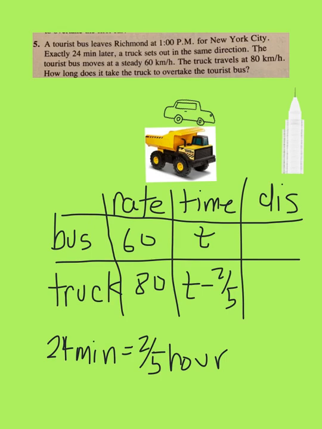So then the distance is going to be 60t for the bus. And for the truck, it's going to be 80 times t minus 2/5.